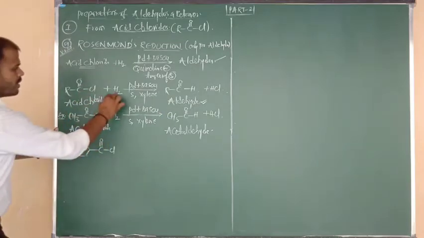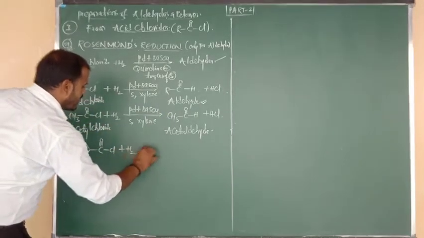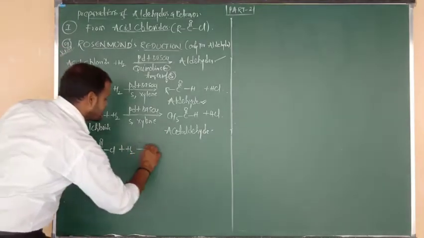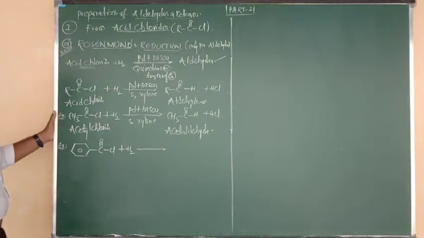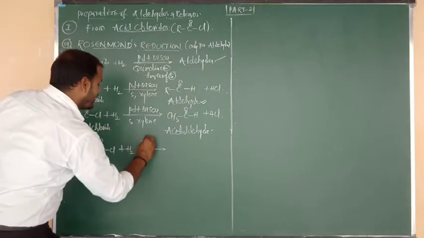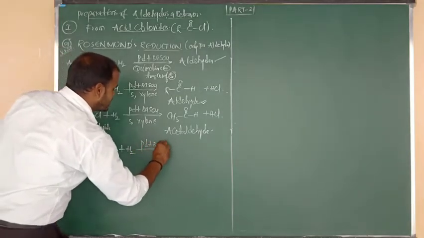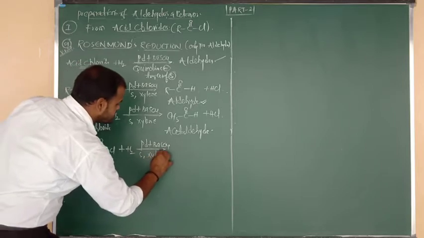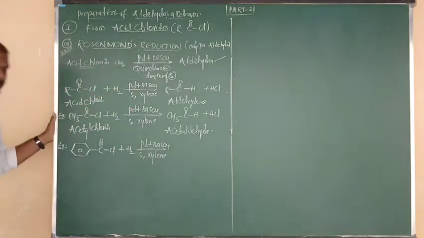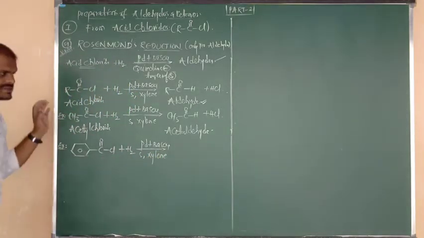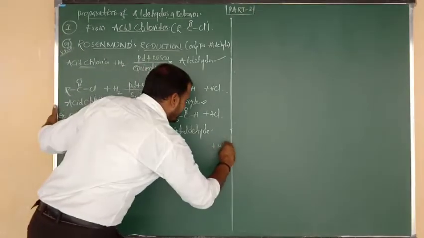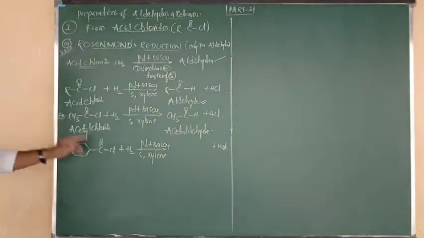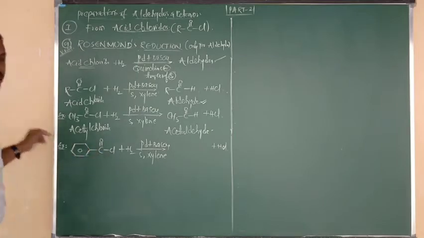Same as above, it undergoes what? Reduction. Addition of hydrogen takes place by using palladium plus barium sulfate, in presence of traces of sulfur, and using the solvent xylene. Now H combines with Cl and is again eliminated in the form of HCl. The position of Cl is replaced by hydrogen.